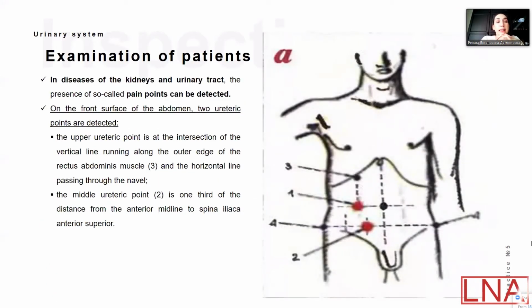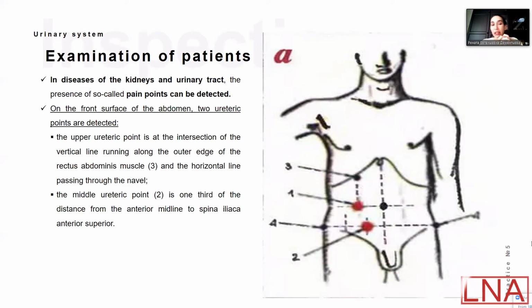Also, in disease of the kidney and urinary tract, the presence of so-called pain points can be detected during examination. On the front surface of the abdomen, as you can see in the picture, there are two ureteric points.